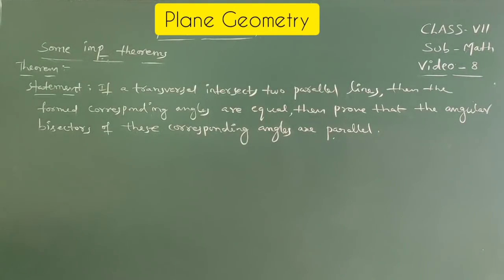According to the corresponding angles axiom, if a transversal intersects two parallel lines, then the formed corresponding angles are equal, we know. But he is asking, prove that the angular bisectors of these corresponding angles are parallel.